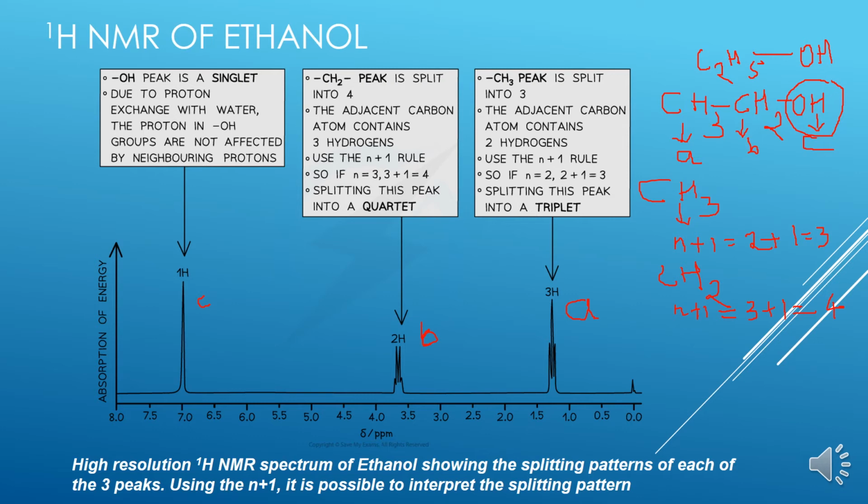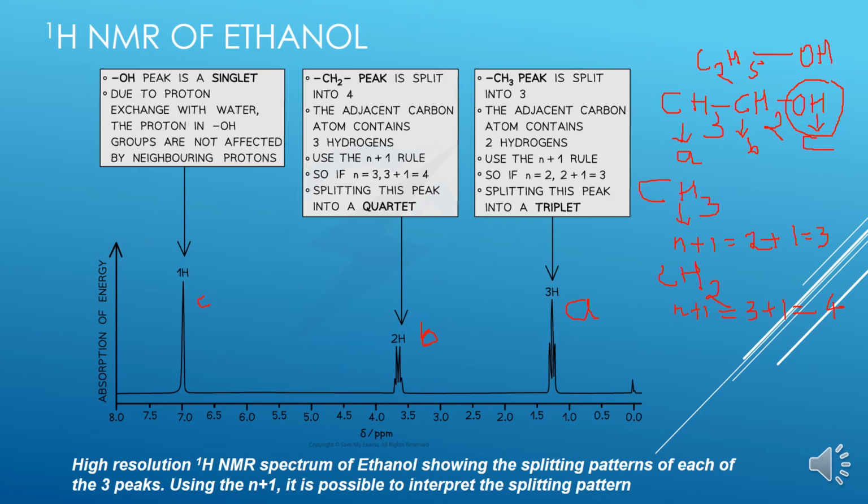Therefore, the hydroxyl peak is a singlet, the methylene peak is a quartet, and the methyl peak is a triplet based on the n plus 1 rule.